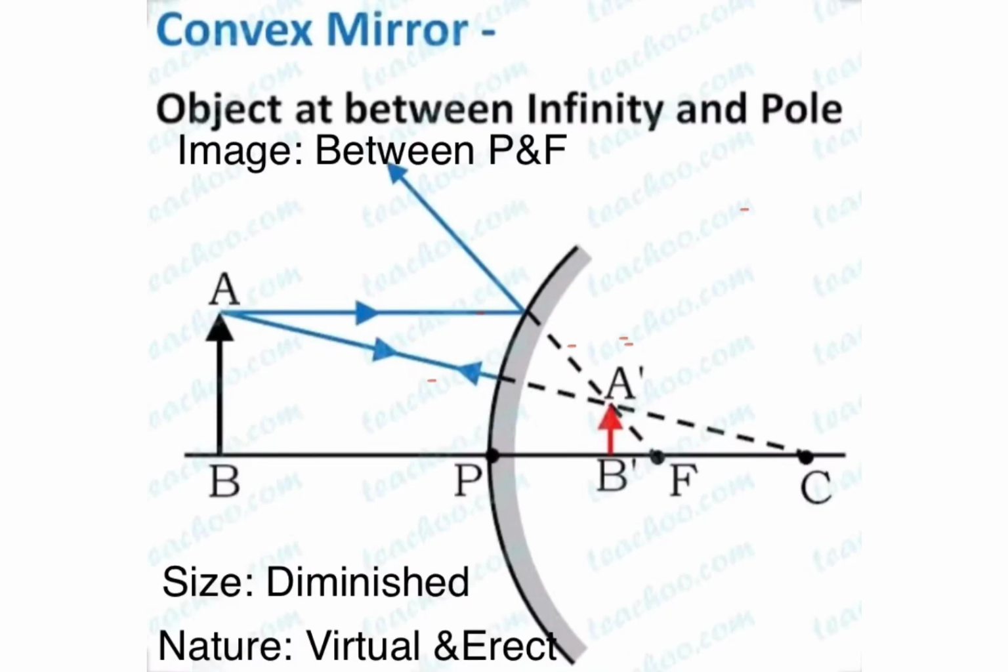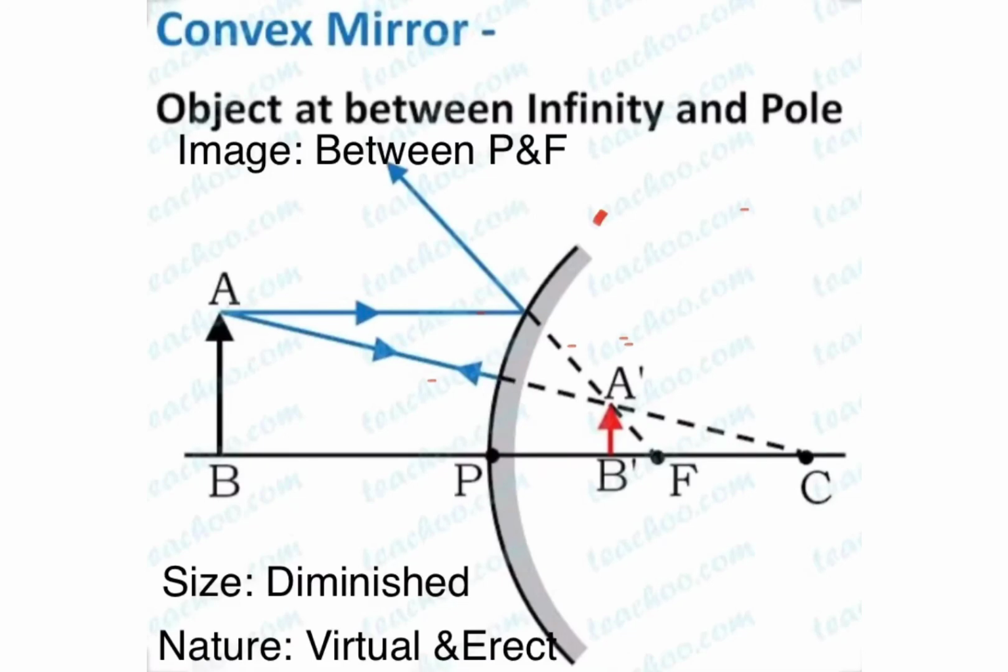Why? Because if you keep the object anywhere between P and infinity, that is at C or between F and C, anywhere, the nature of the image will be virtual and erect and the size will be diminished. So here only two diagrams are there, and the image will be obtained between P and F.